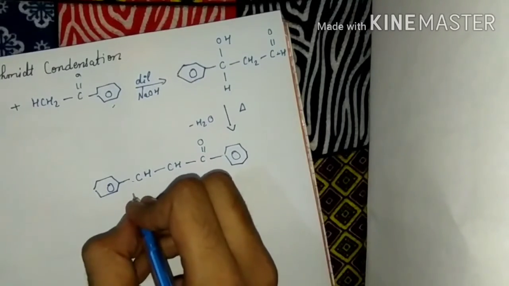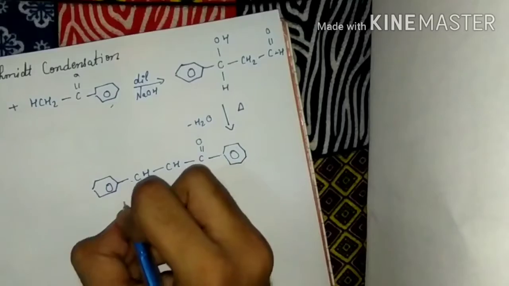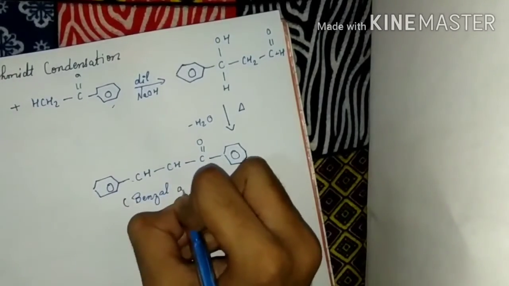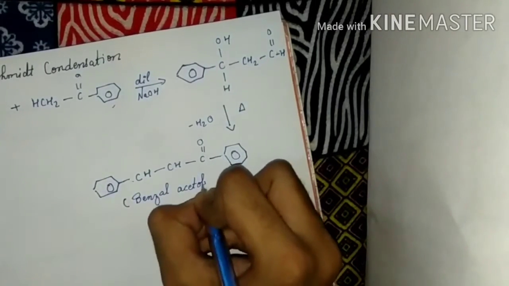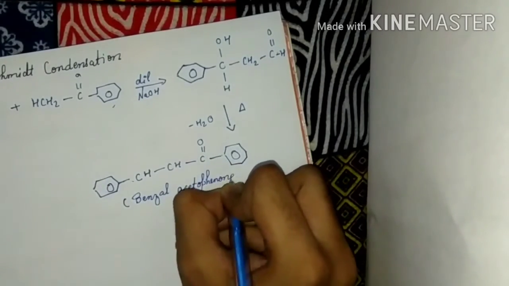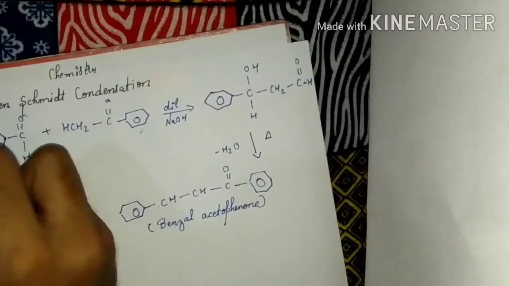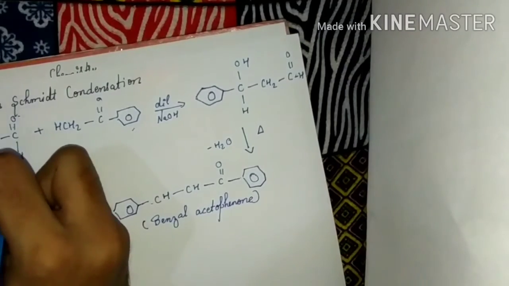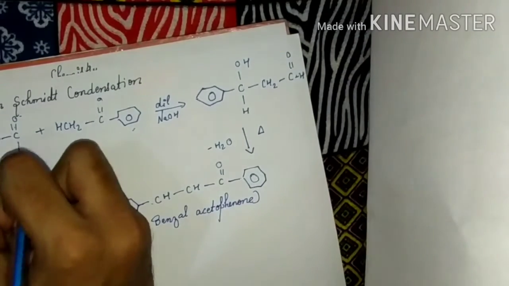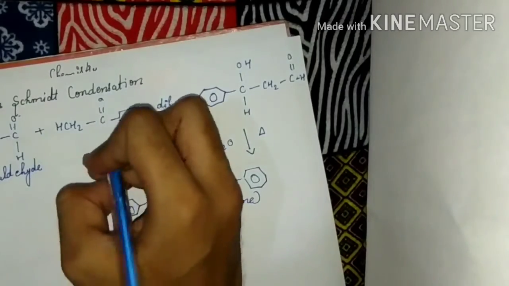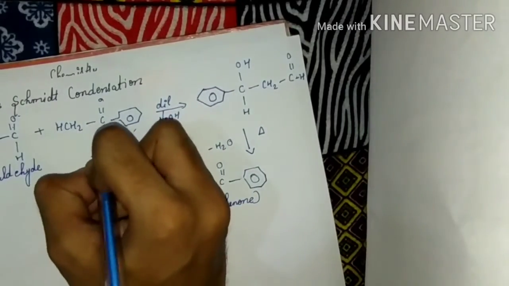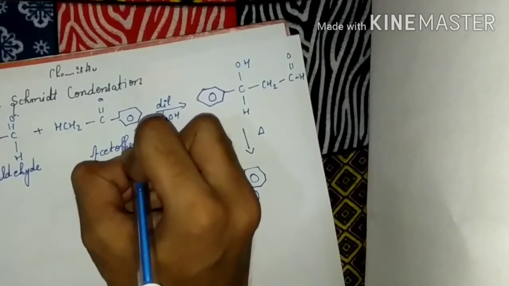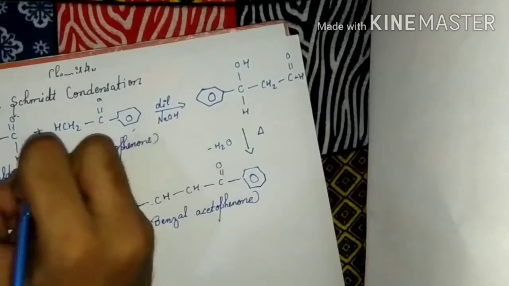So this is your benzylidene acetophenone. Let me write that in a bracket. Benzylidene acetophenone. This is benzaldehyde, and this is acetophenone. Let me keep this in a bracket.